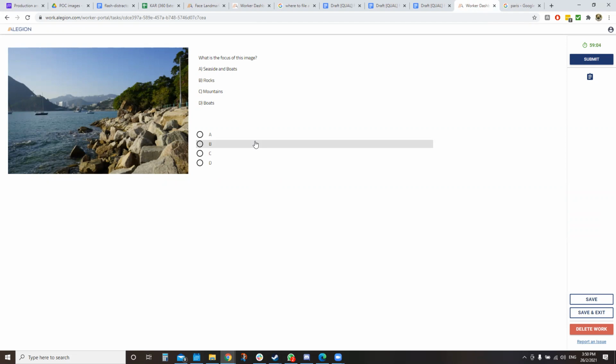What will apply here is when you're looking at a picture that is taken by a person like you and me, what is the person trying to show us by taking the picture, or what is probably a better focus of the picture.